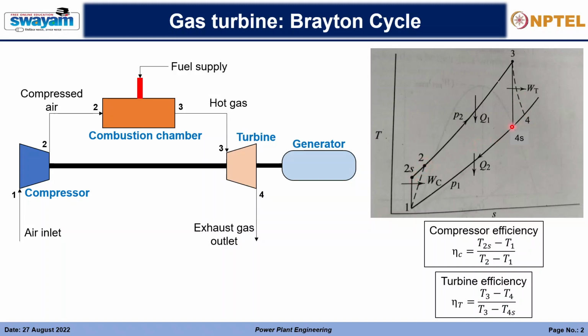So what we can do is utilize the energy of the exhaust flue gas to increase the temperature of the air at the compressor outlet, so that the air can be supplied at a very high temperature, the heat addition required will be less, and it will also impact the efficiency. I will talk about it next.